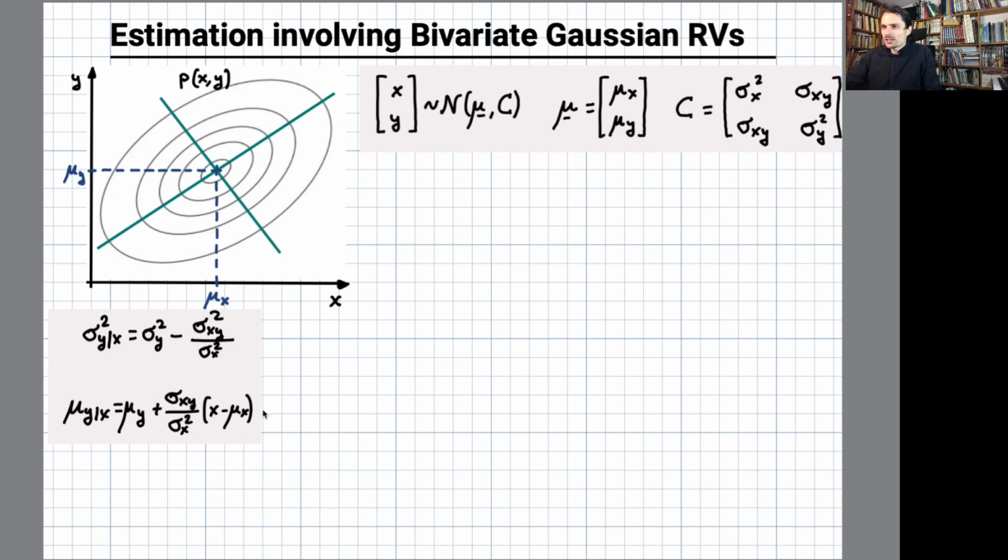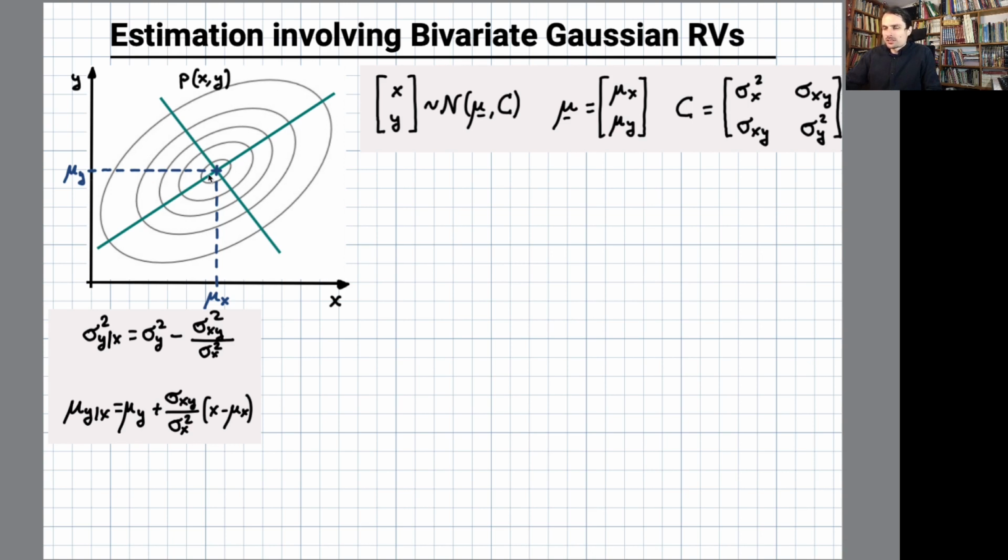And to that end, let us have a look at the PDF from above. These ellipses are the contour lines or equicost lines of the PDF. This means that the value of the PDF is the same at all points of each of these ellipses, okay?